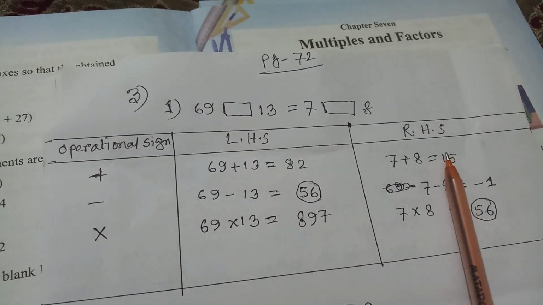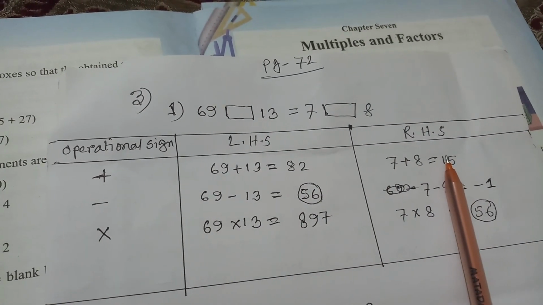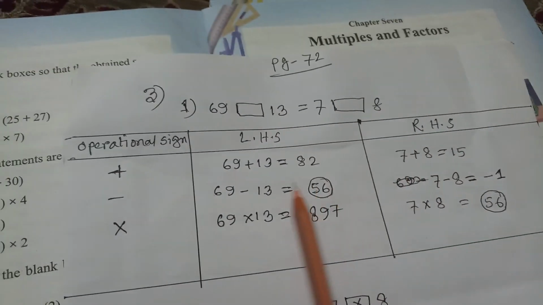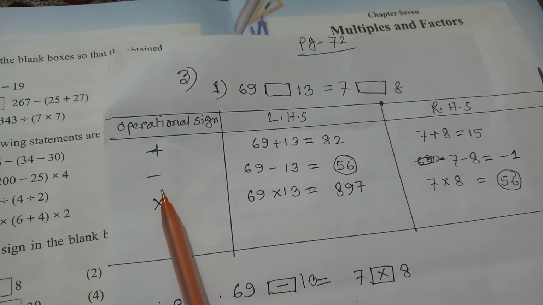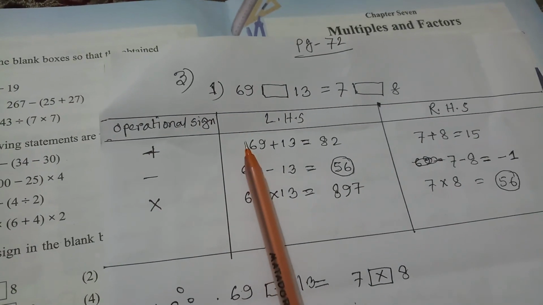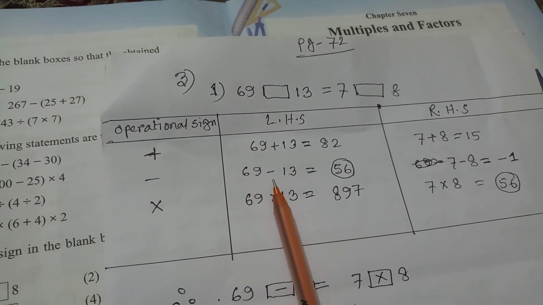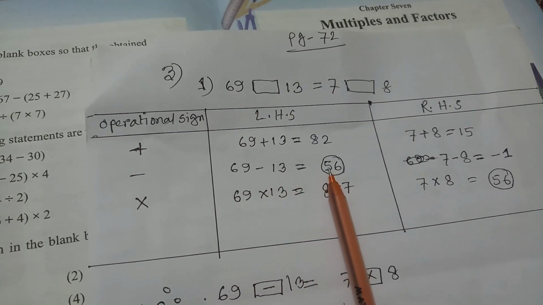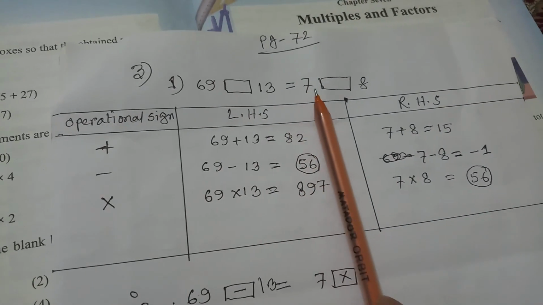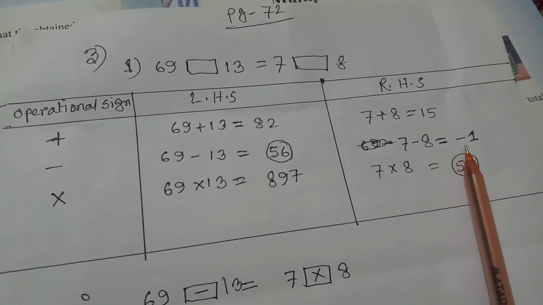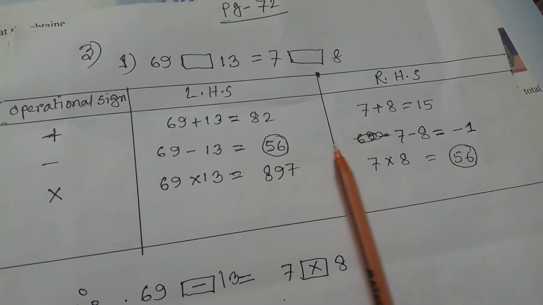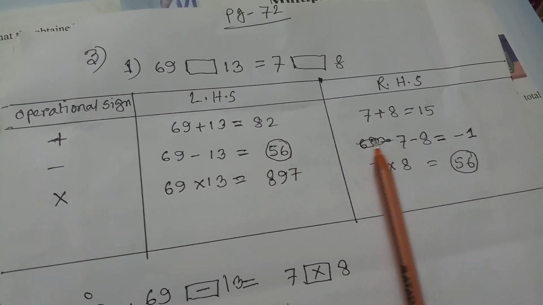82 and 15 are not equal, so we verify by subtraction. Left hand side 69 minus 13 equal to 56, and right hand side 7 minus 8 equal to minus 1. So it is not equal.